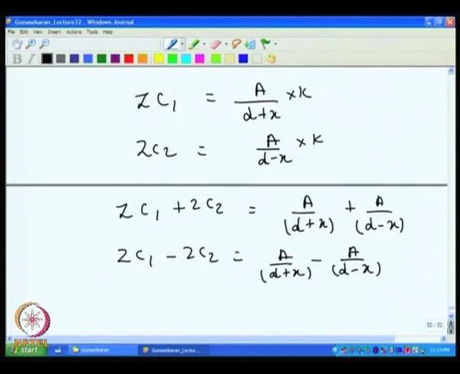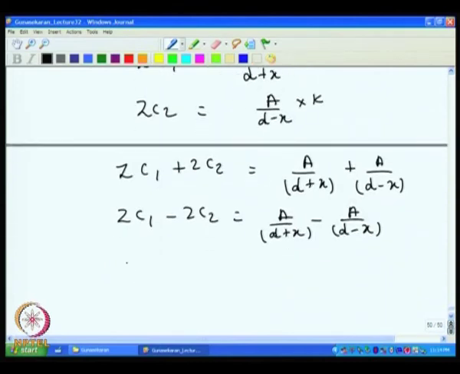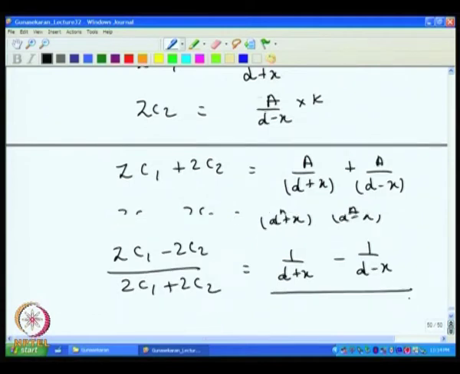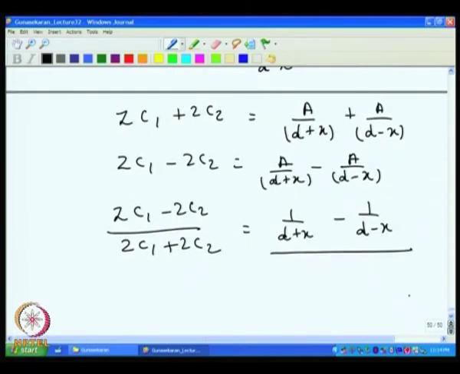So, if again we write ZC1 minus ZC2 divided by ZC1 plus ZC2, that actually turns out that a goes off. So you will have as the upper term 1 by d plus x minus 1 by d minus x, divided by 1 by d plus x plus 1 by d minus x.